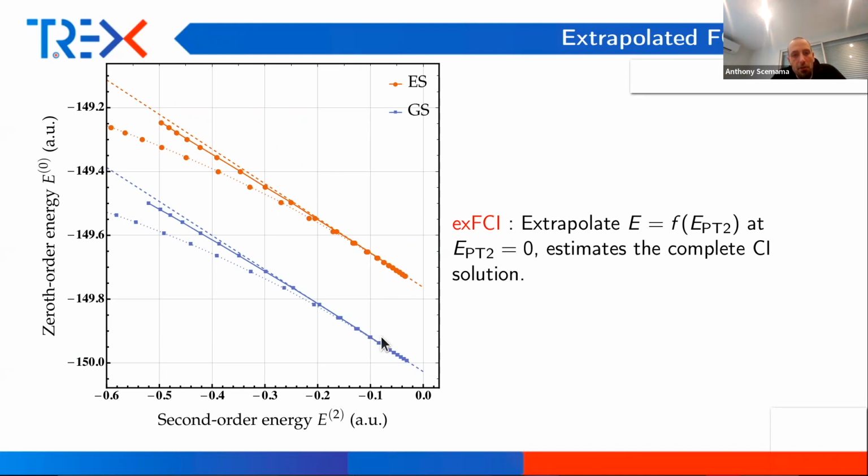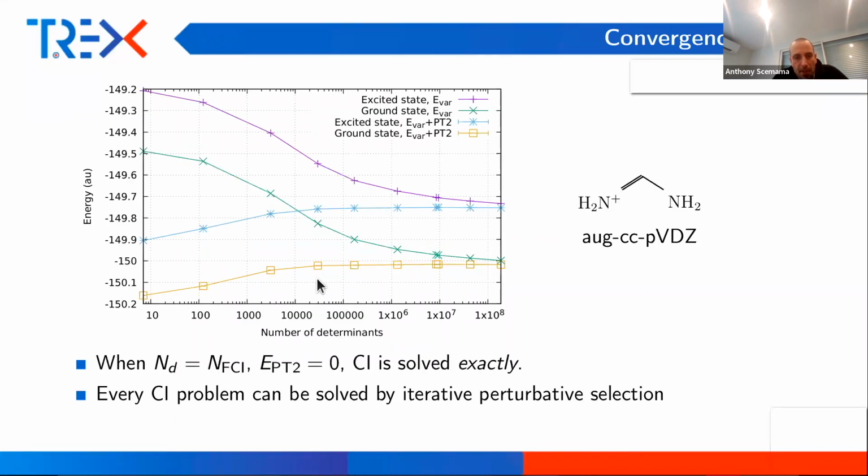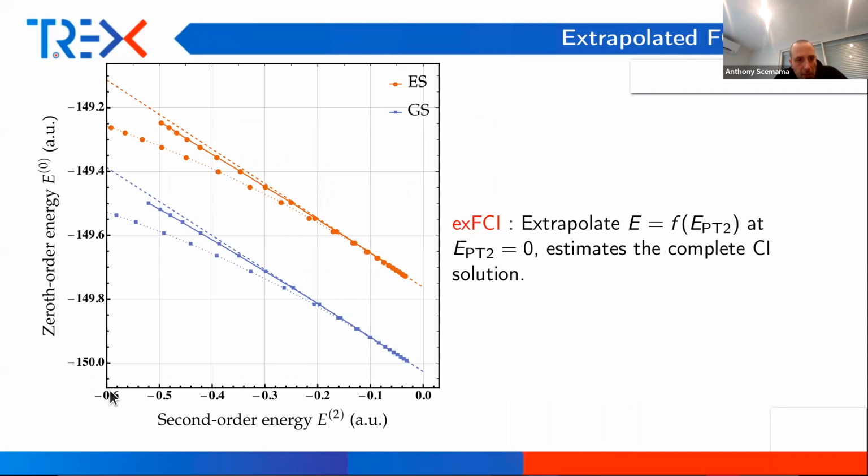So these two curves correspond, this one to the ground state and this one to the excited state. So what is really this curve? Basically it's the extrapolation of the variational energy as a function of the PT2 correction. Here the PT2 correction is negative.